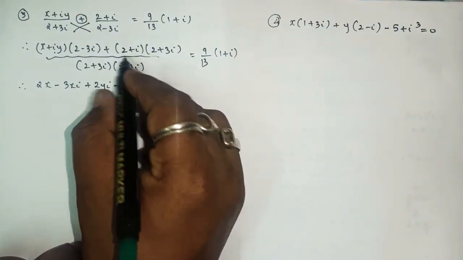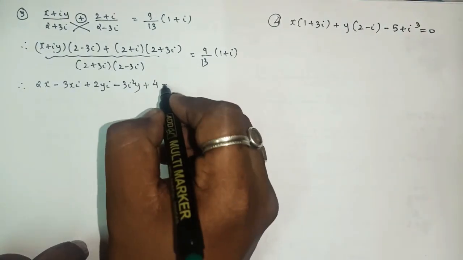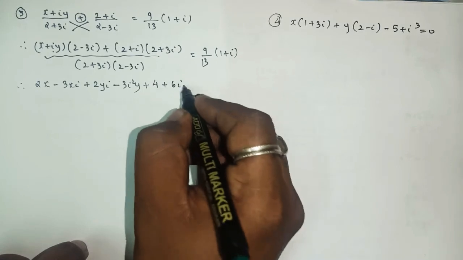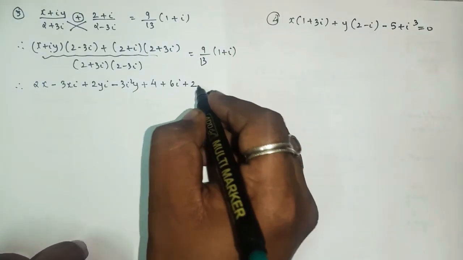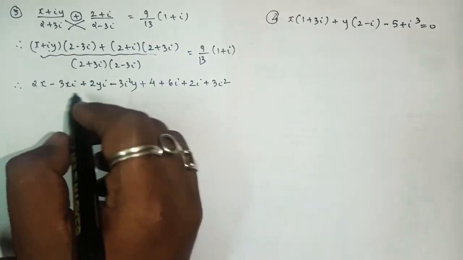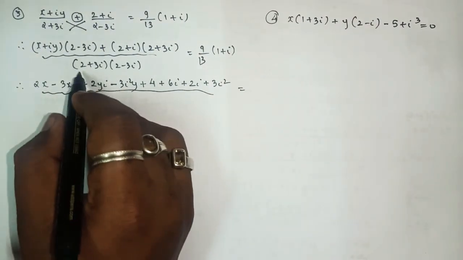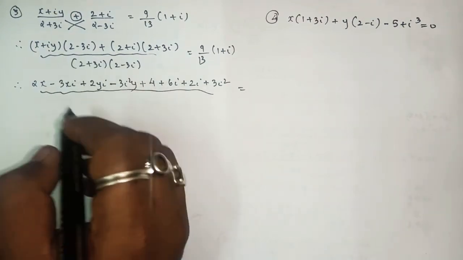Now with this, 2 twos are 4, plus 2 threes are 6i, this will be 2i, plus this we can write as 3i square, upon... this looks like what? A plus b and a minus b formula, yes or no?